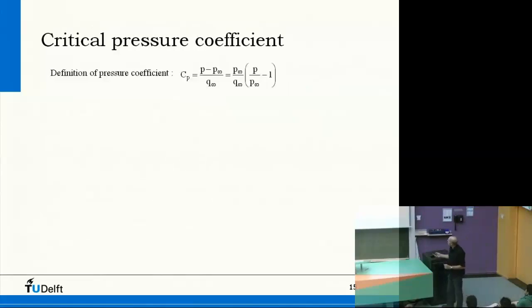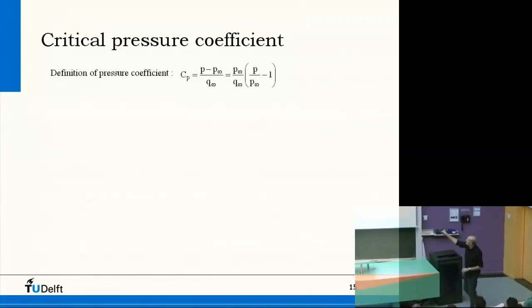Let's derive it. The definition of the pressure coefficient: Cp is (P minus P infinity) divided by Q infinity. If we take P infinity out of the brackets, then we end up with P divided by P infinity minus 1 in between the brackets, divided by Q infinity. It's the same Cp. Nothing happened yet.